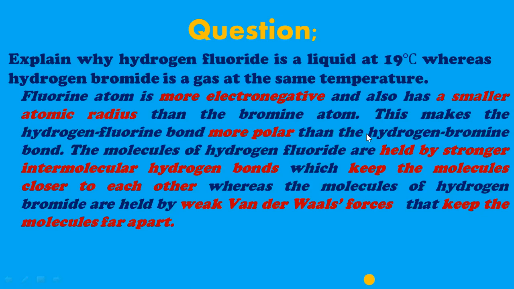What is the first marking point in the answer? The fluorine atom being more electronegative, right? Yes. So whatever you see in red ink is a marking point I should always give in your answer. So you go ahead and read the explanation.